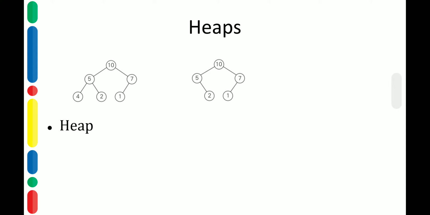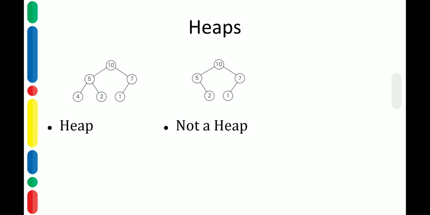So this is not an almost or essentially complete binary tree. In an essentially complete binary tree, only the rightmost leaves in the last level can be missing. However, in this example, 5's left child is missing, and it is not the rightmost leaf node, and hence this is not a heap.